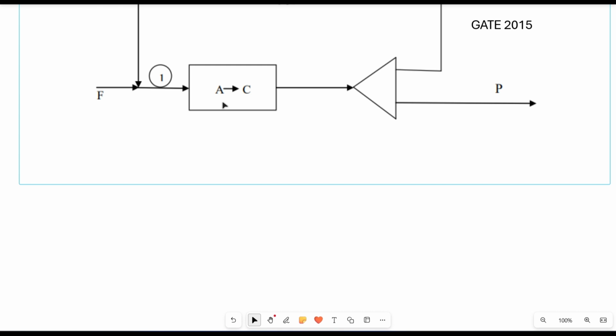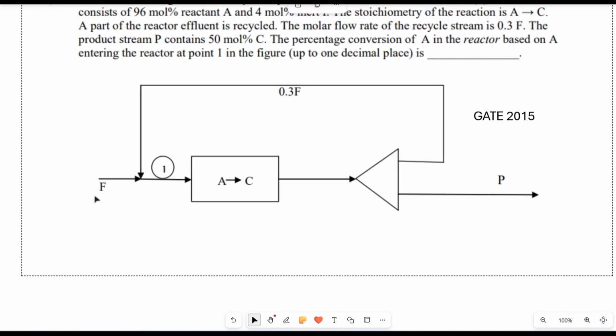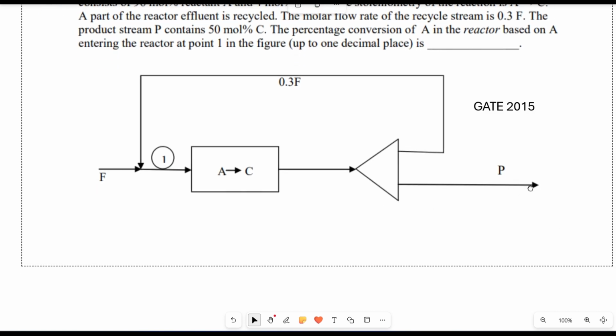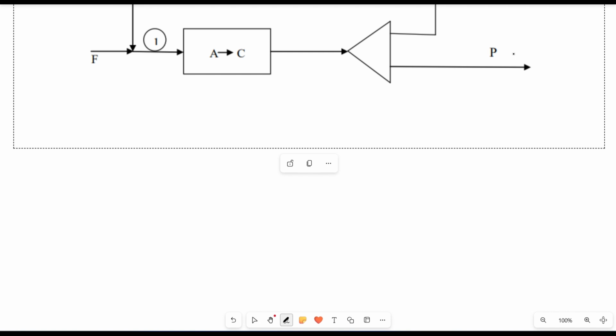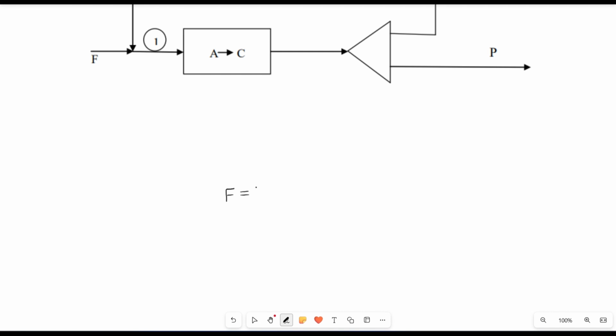So in this system there is only one molar inflow, which is F, and the outflow is P. So we can easily write one equation without hesitating: F is equal to P. So the molar inflow F will be equal to the product flow rate P. Okay, now the reaction.